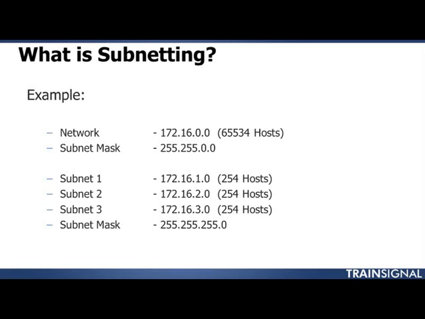Okay, so we're saying that all computers that start with 172.16.1 are now part of a network of their own, which has now narrowed us down to only 254 hosts that could be used on that network.